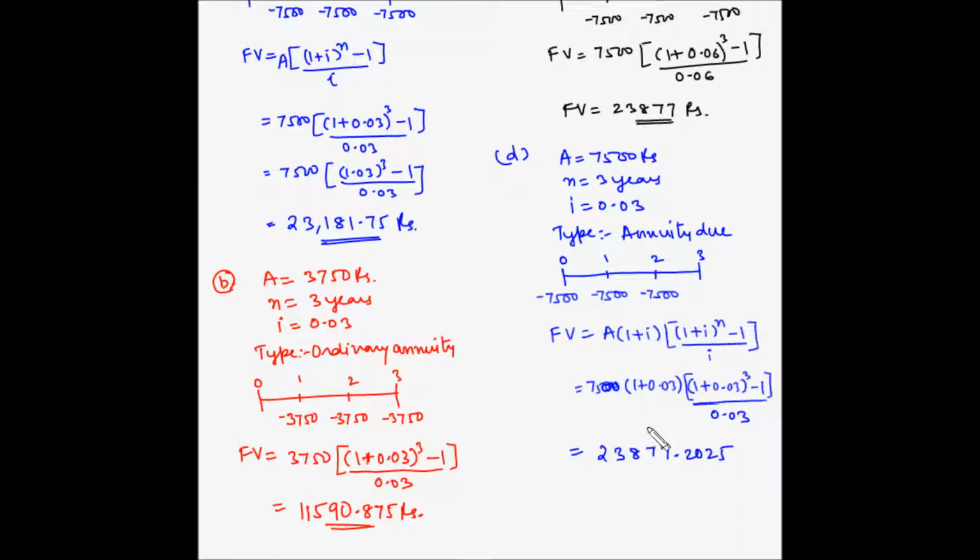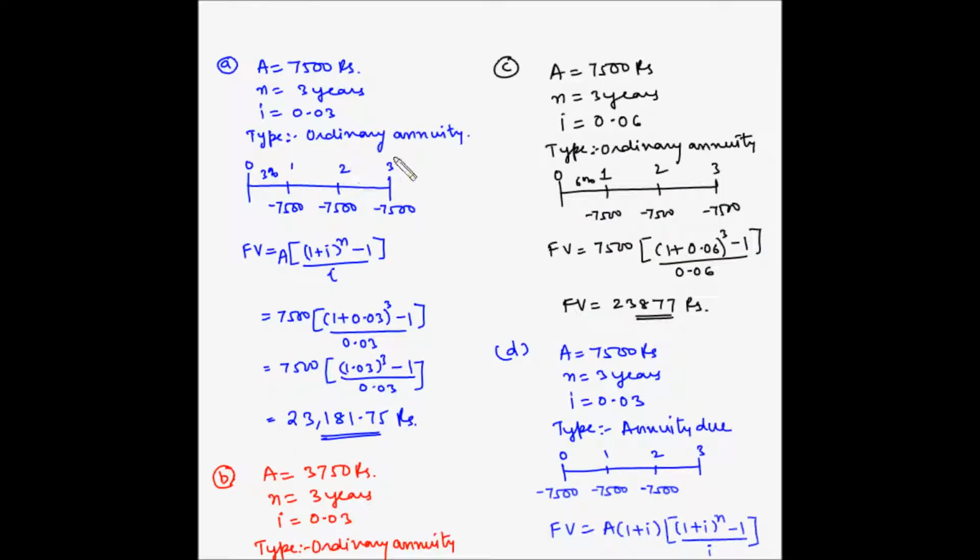So as you can see, the type annuity due gives us more in terms of future value as compared to the ordinary annuity.